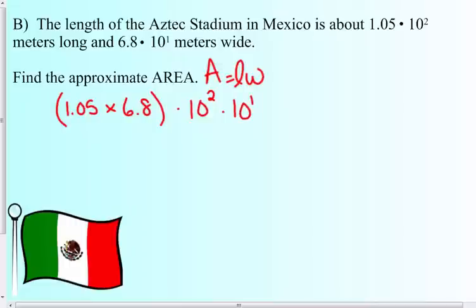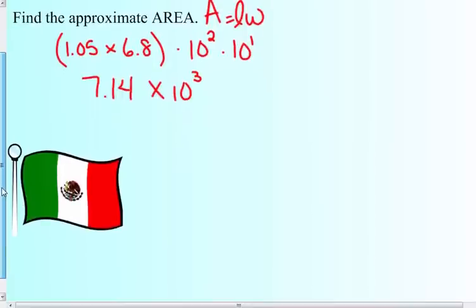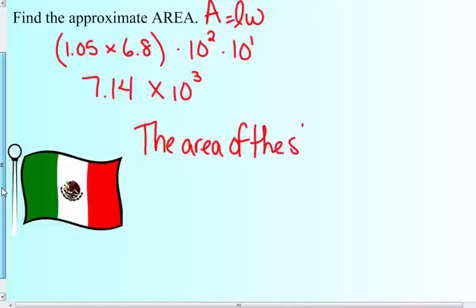1 and 5 hundredths times 6 and 8 tenths is 7 and 14 hundredths, a coefficient in scientific notation. 10 to the second times 10 to the first gives me 10 to the third. So that number is in scientific notation. So the area of the stadium, because it says find the approximate, I could write out the word approximately.